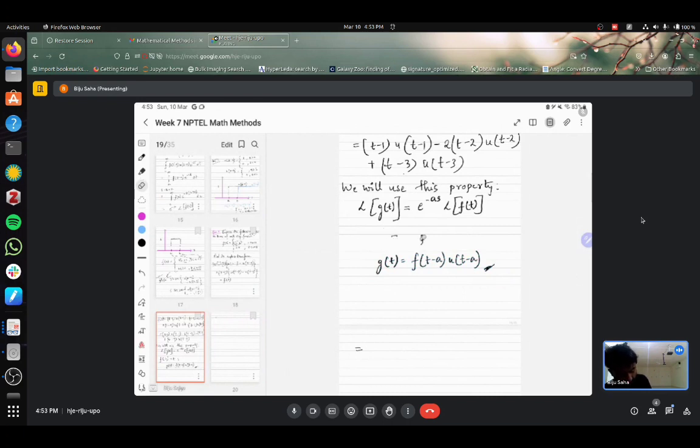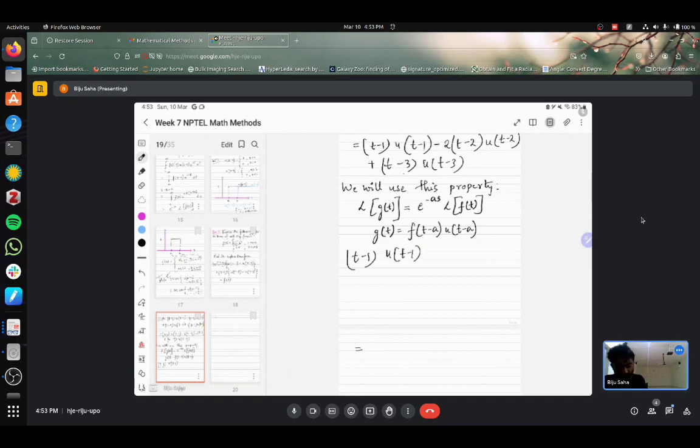Wherever you see g(t), that is basically this. So using this you can compare. The first term is (t minus 1) u(t minus 1).